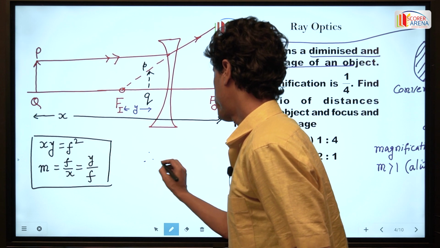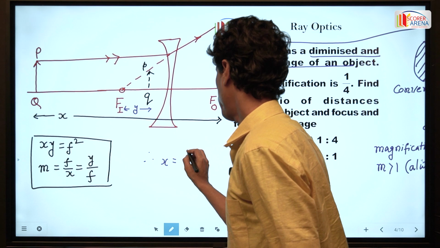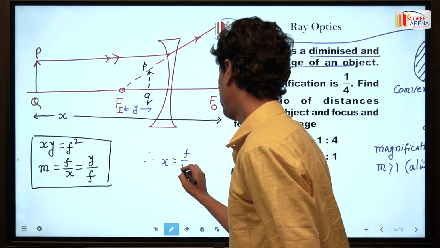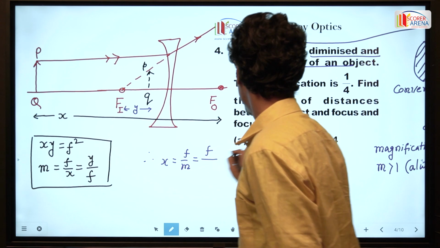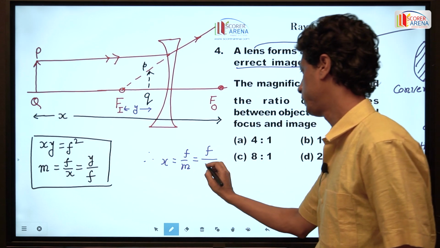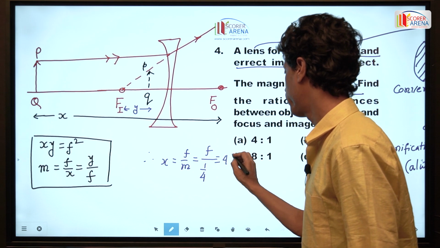From this equation, x is equal to f by m, and m is given as 1 by 4. So this distance is 4f.